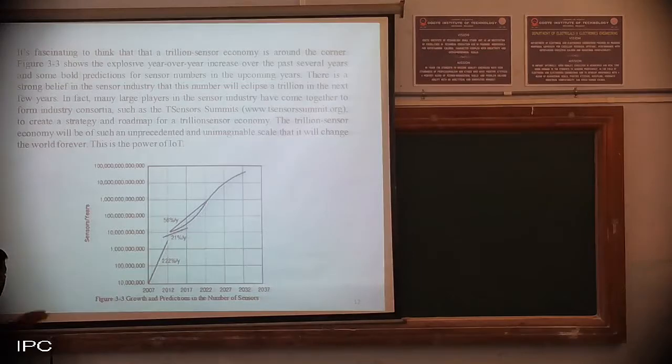By 2032 you can imagine how many zeros there are: 3, 9, 12, 15. So 1 into 10 power 15 sensors will be existing. This is the prediction.